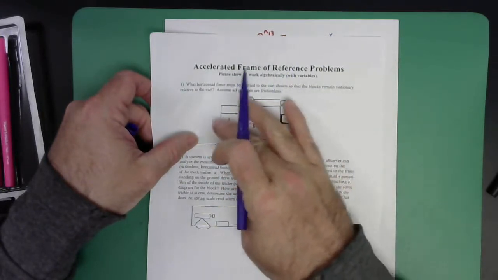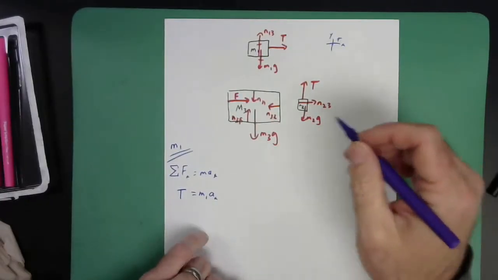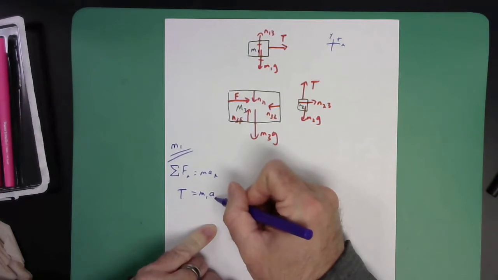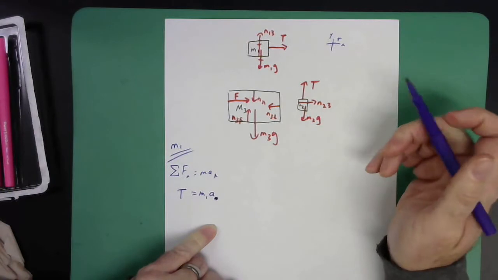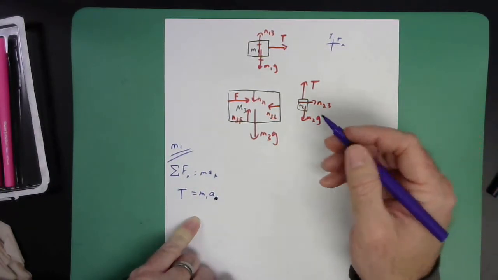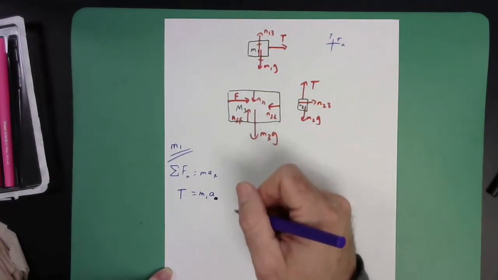So this thing has an unbalanced force horizontal. The whole system is going to accelerate. They're all going to have the same horizontal acceleration. So I don't need this subscript anymore. It's the only acceleration in the problem. Everything has the same horizontal acceleration. So I'm just going to call that A.